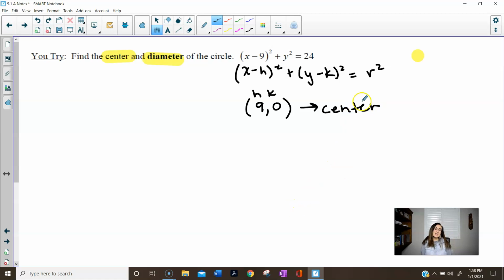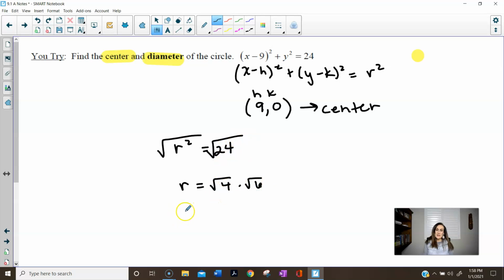Now, r squared is equal to this 24. So if r squared equals 24, then when I square root both sides, I would get the radius. So the radius is the square root of 4 times the square root of 6. That's 24, which is 2 root 6. Now, it asks for the diameter, and twice the radius is the diameter.